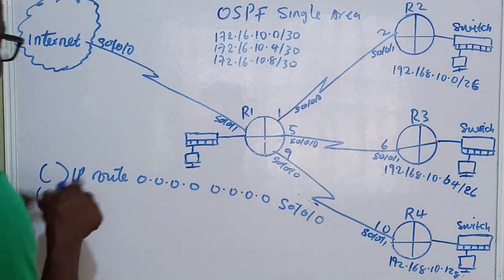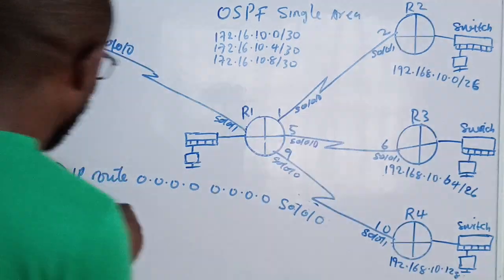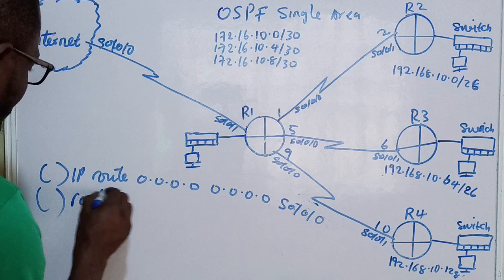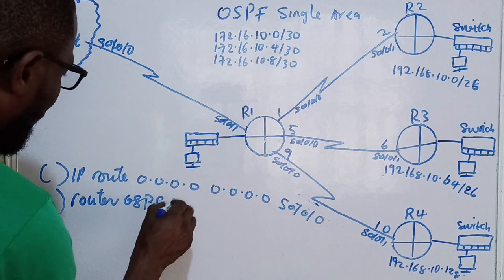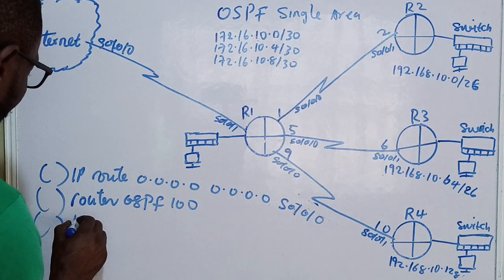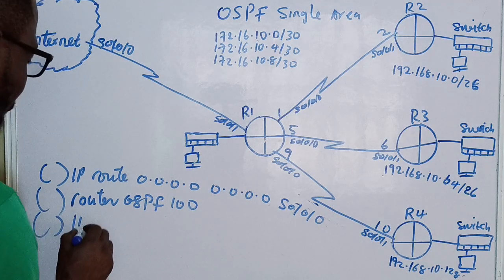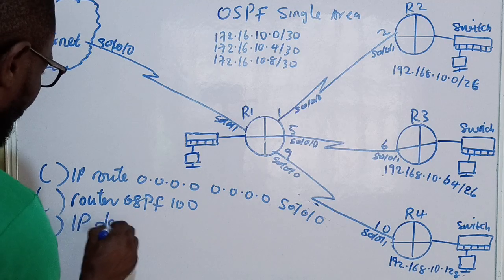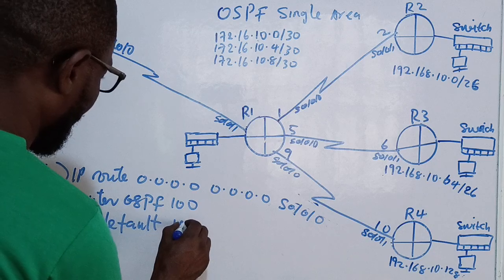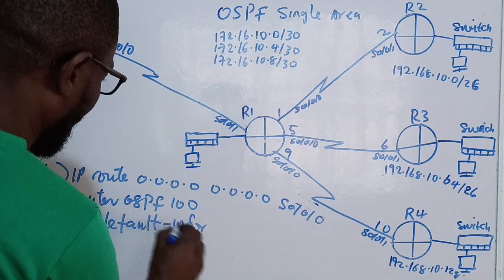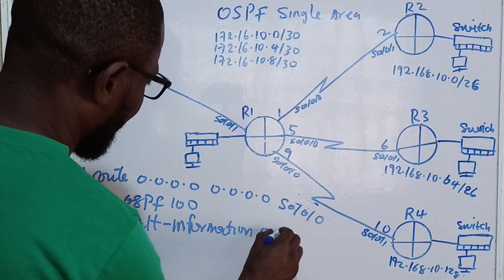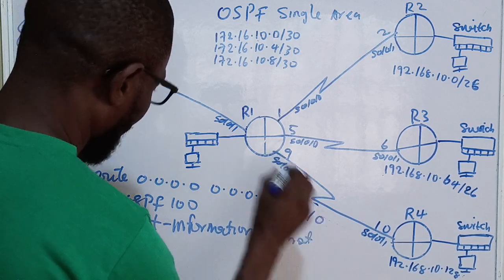Then you advertise this default route to these routers by doing this. Router ospf 100. You hit enter. You do this: default-information originate. You hit enter.